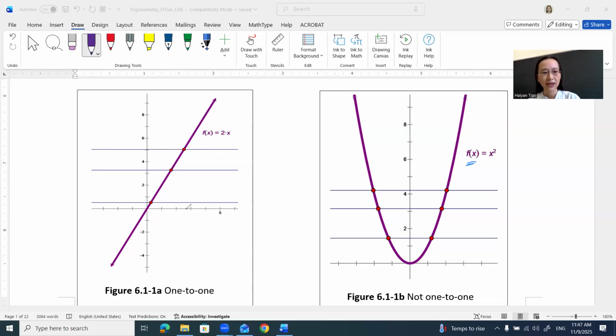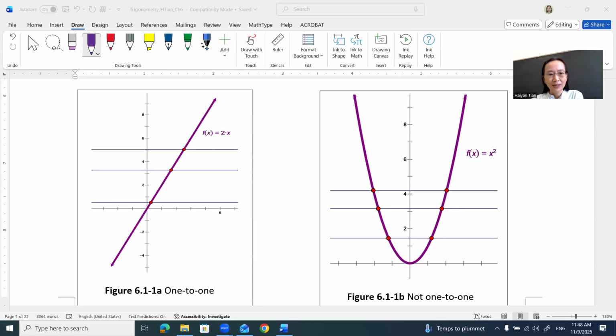The first function satisfies the horizontal line test: for any horizontal line you draw, there is at most one intersection with the curve. For the second function, it's possible for a horizontal line to have more than one intersection. So the second function does not meet the horizontal line test. It is not one-to-one.